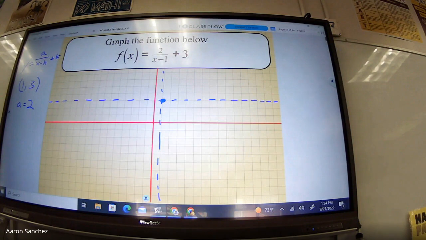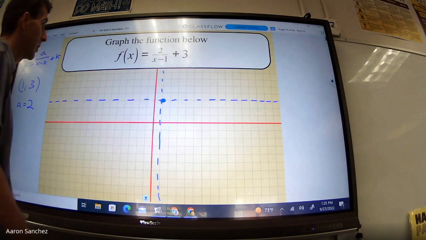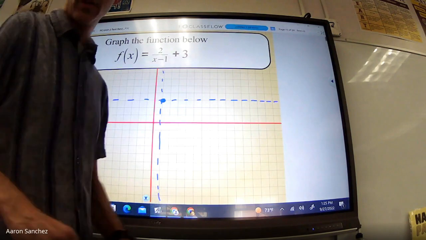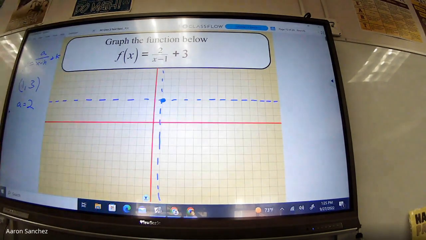So now we got to plot our points. Let's do a table, shall we? Just for the video, I'm going to write it over here. f of x equals 2 over x minus 1 plus 3.